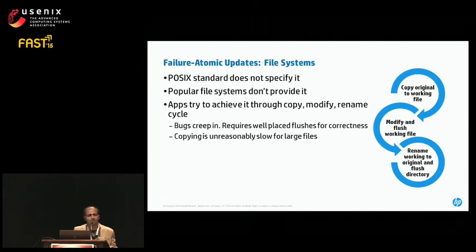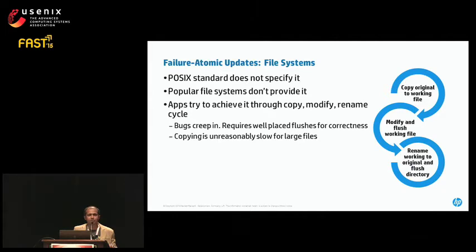The typical method used by application developers to get atomicity is to use the rename system call, because unfortunately POSIX does not give an atomic write interface. This involves making a copy of the file, modifying the working copy, and once the working copy is in a consistent state, renaming the working copy back to the original.